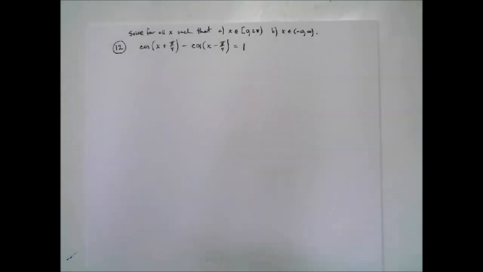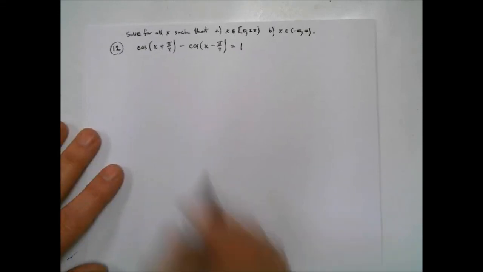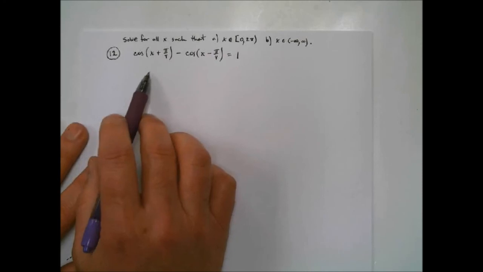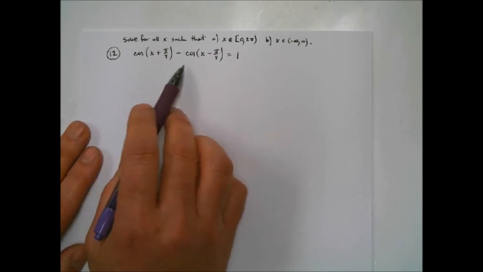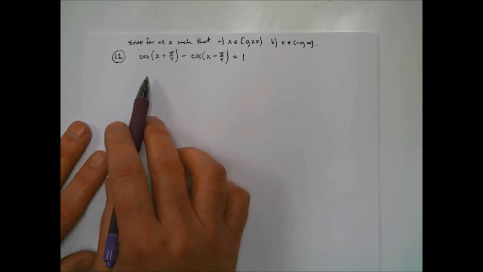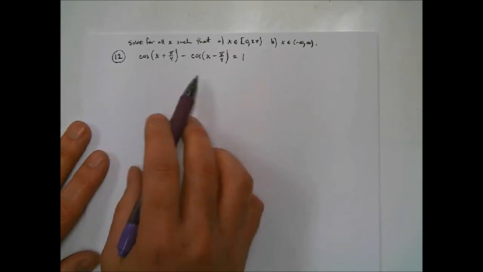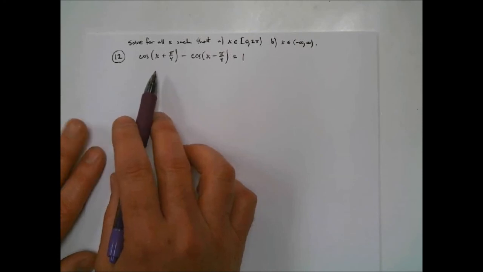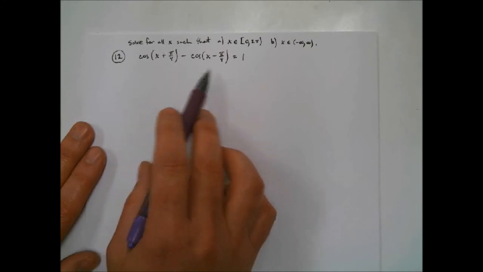together. Okay, so I've already got it written out. Cosine of angle addition minus cosine of angle subtraction equals 1. So there's no factoring we can do. Looks like we just need to do expansion using cosine of angle addition, cosine angle subtraction.